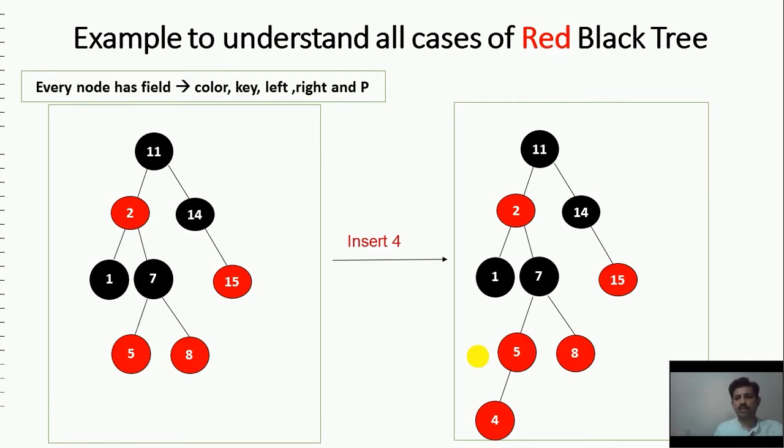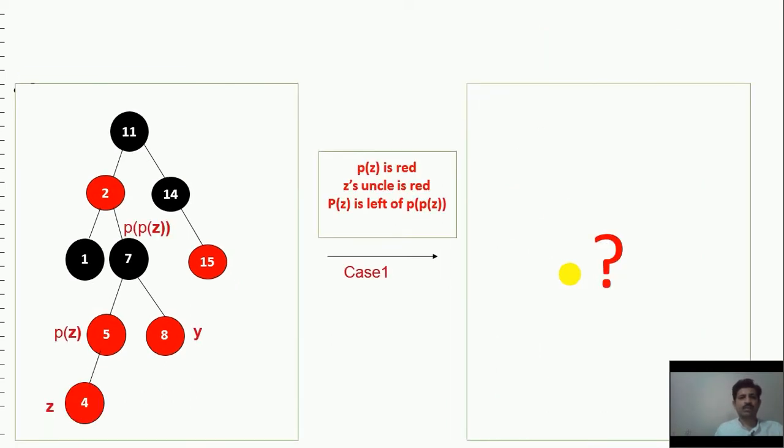In case 1, if the color of the uncle of the newly inserted node is red, then we have to make the color black for P of G and uncle, and color the grandparent red and make it G. Here you can see that when all the cases are tested, when P of G is red, G is the newly inserted node, P of G is 5 and P of P of G is 7.